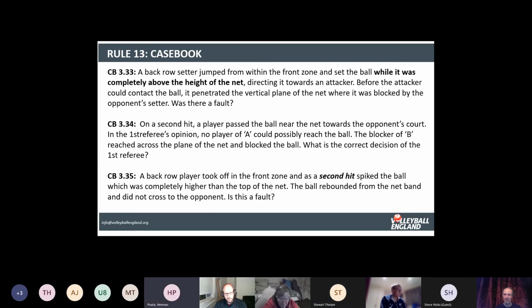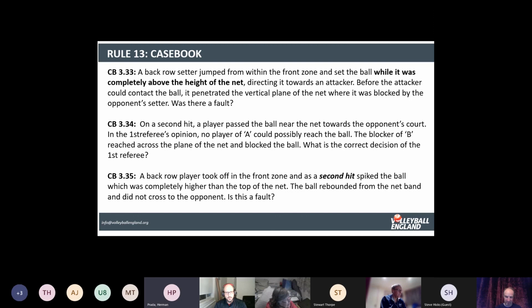What was the decision of the first referee, to allow it or not? In this instance, the first referee has allowed the block of B, who has reached into the playing space of A to block the ball, and it's only on the second hit.